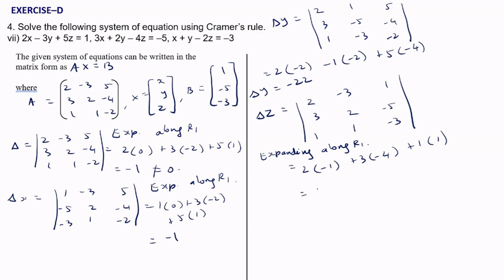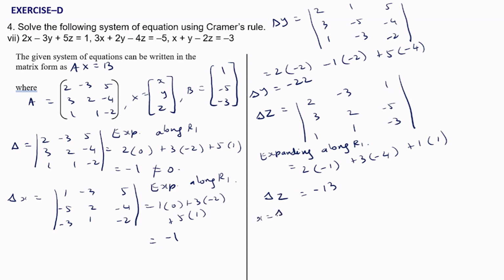So this is minus 2 minus 12, plus 1, which is minus 13. So delta z is minus 13.